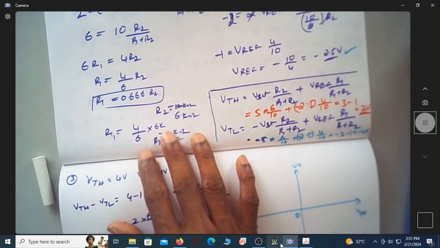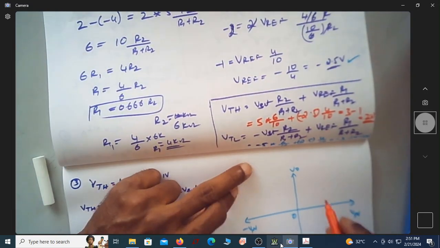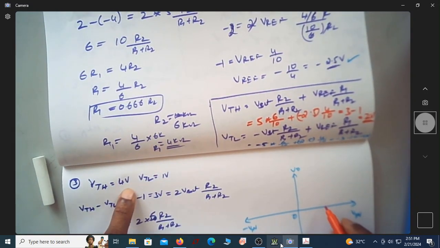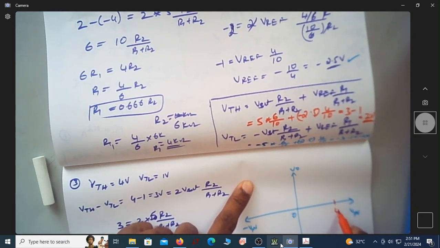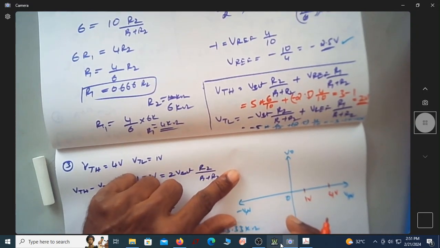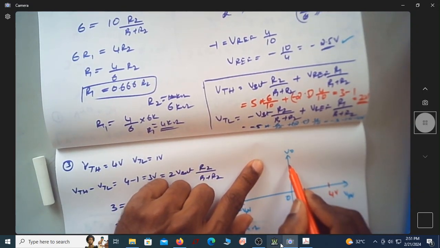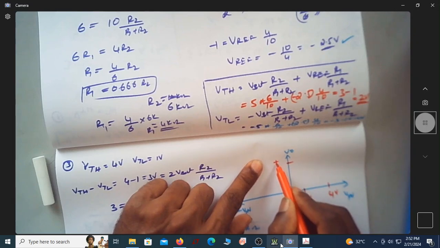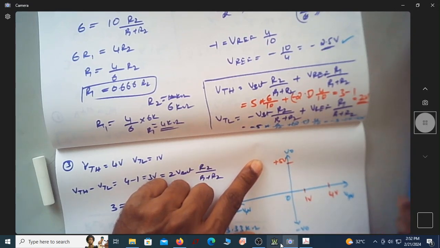Now let us identify the threshold voltages, which for this case are 4 volts and 1 volt. This is not exactly to scale, it's fine. Let us assume this is plus 5 volts and this is minus 5 volts.